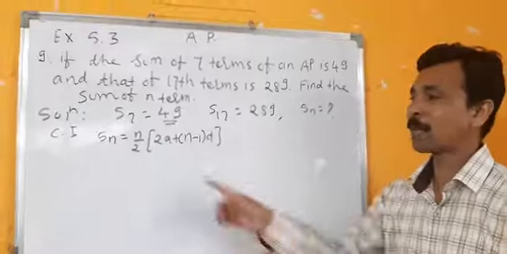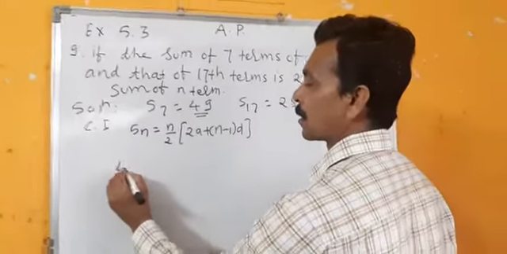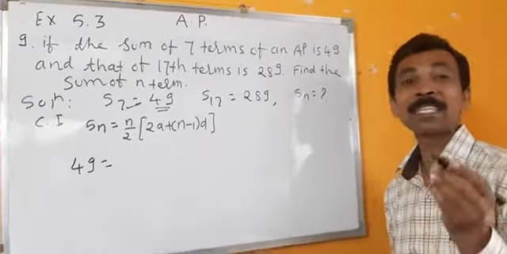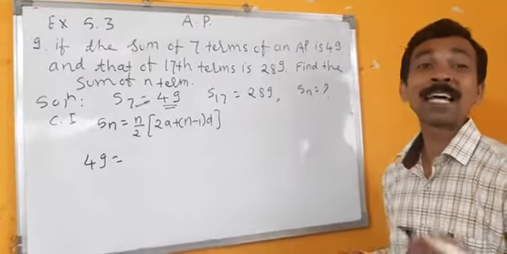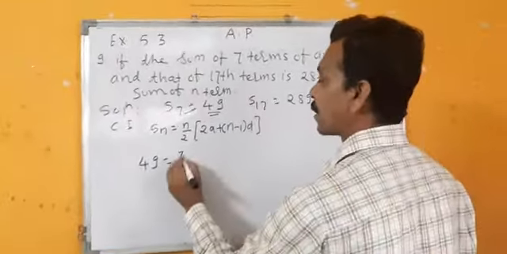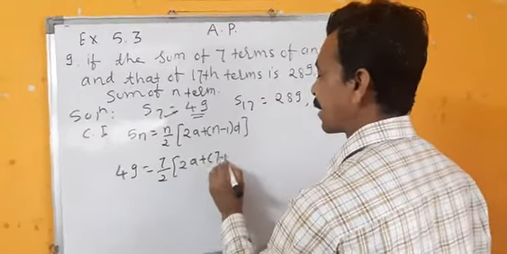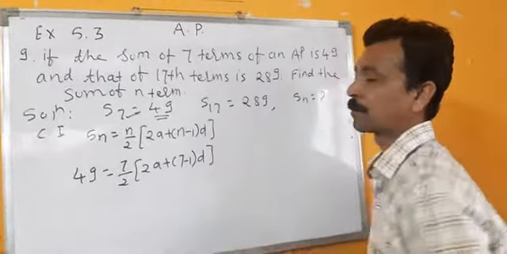In the first case, Sn is 49, and n is 7 because it is S7. So 49 is equal to 7 upon 2 into 2a plus 7 minus 1 into d.